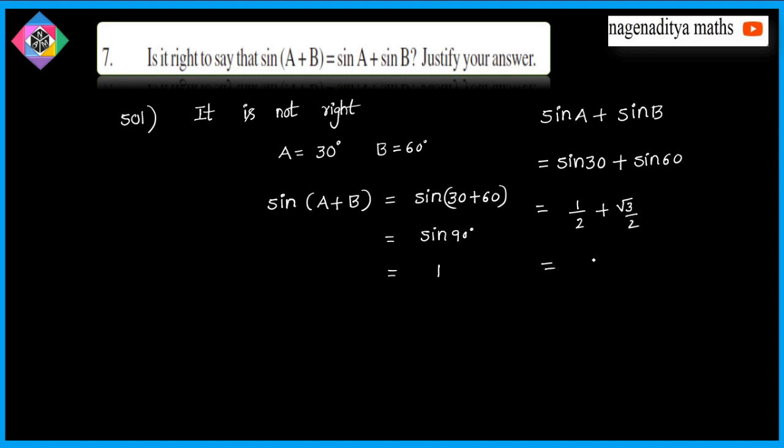So this is equal to root 3 plus 1 by 2. This is the value of sine A plus sine B and the other is the value of sine of A plus B. So both are not equal. Therefore we can conclude that sine of A plus B is not equal to sine of A plus sine of B.